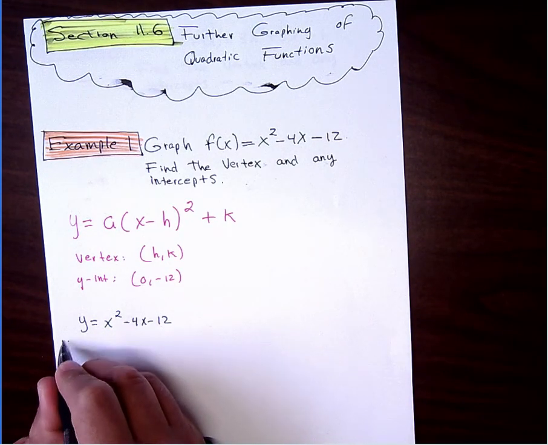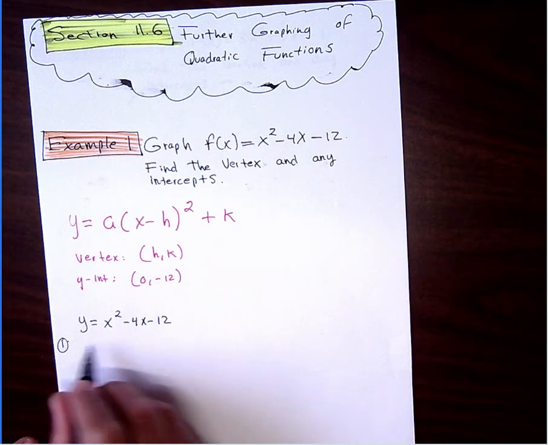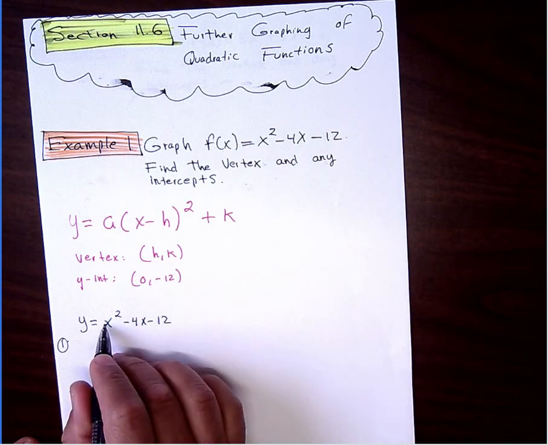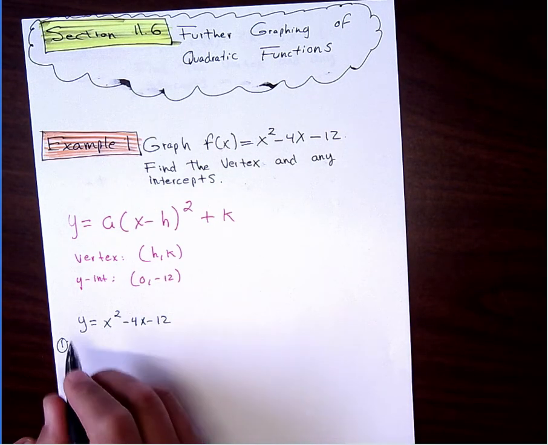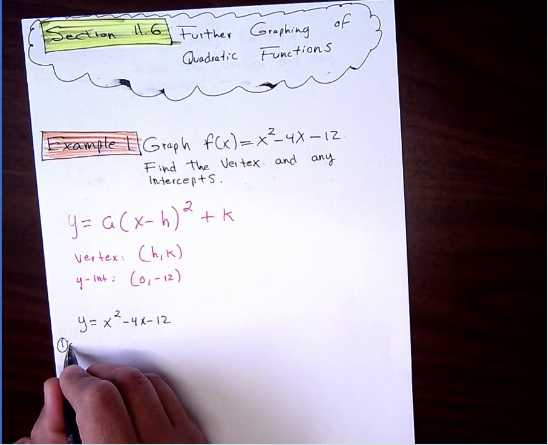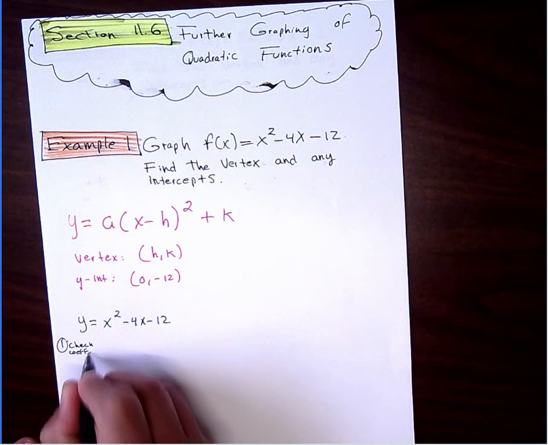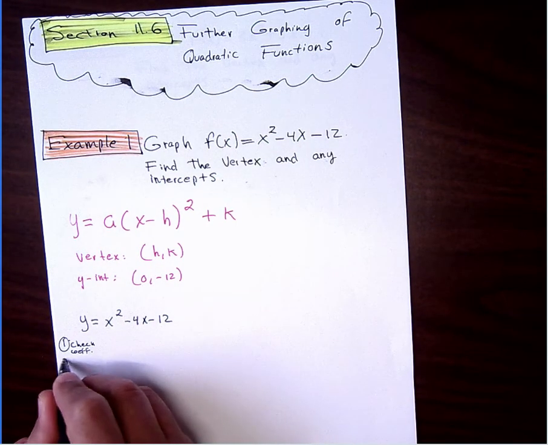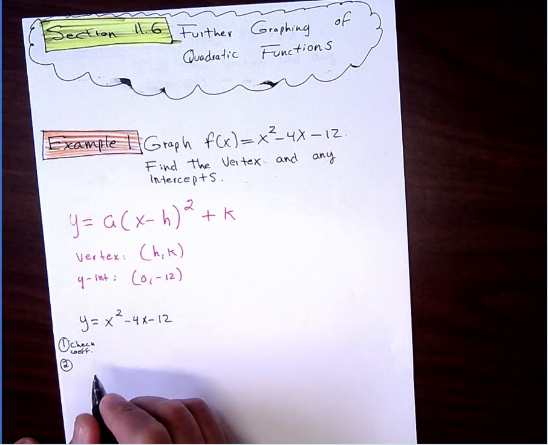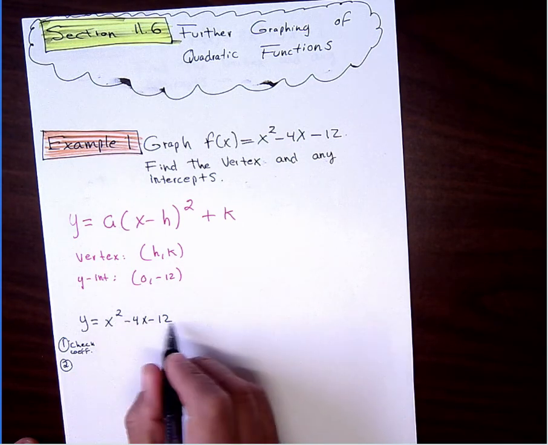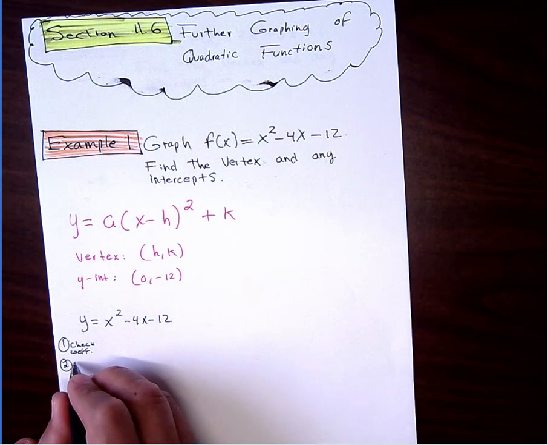Remember, step 1 from completing the square was to check the coefficient, so it's good. And then step 2 was to isolate the variable.